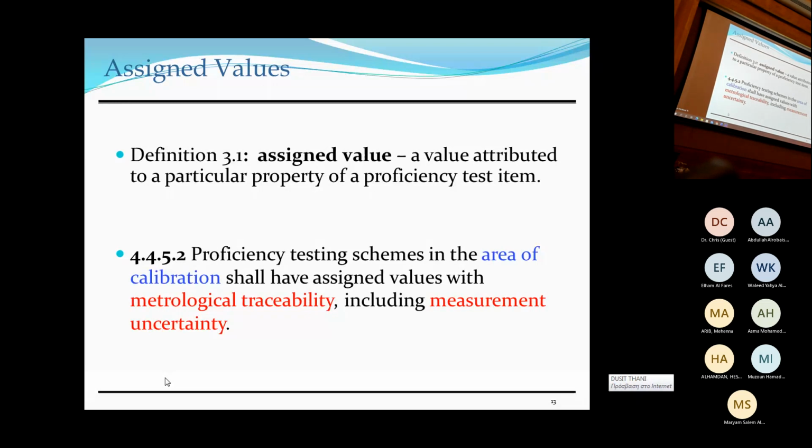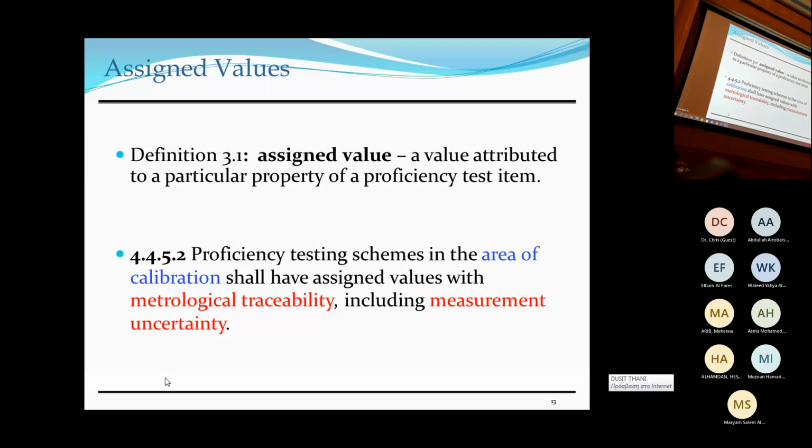In addition to having an assigned value, there's a requirement that proficiency testing schemes in the area of calibration shall have assigned values with metrological traceability. So the assigned values should be traceable, and they should include a measurement uncertainty estimate.